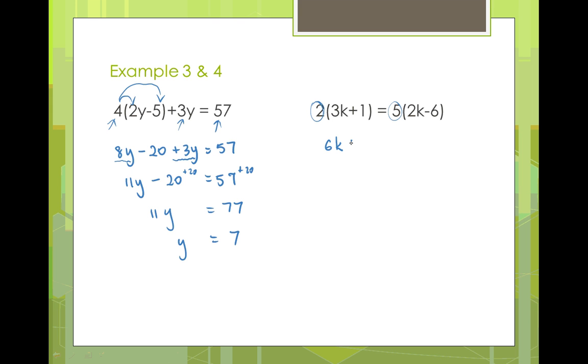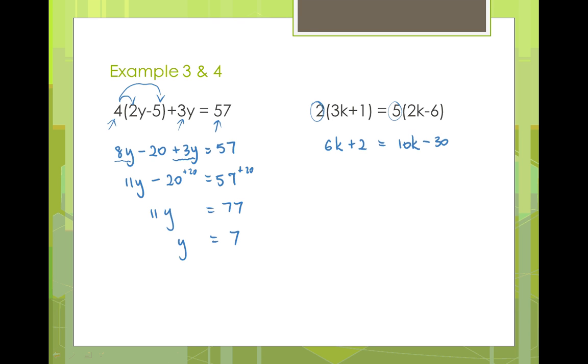So I'll end up with 6k plus 2 on the left hand side and 10k minus 30 on the right hand side. Right, now I need to collect these k's together. I'm collecting like terms together, and at the moment they're on opposite sides of the equal sign. We have seen some of these before in a couple of videos ago, and I suggested to you to move the smaller number of letters across to the other side where the bigger number is.